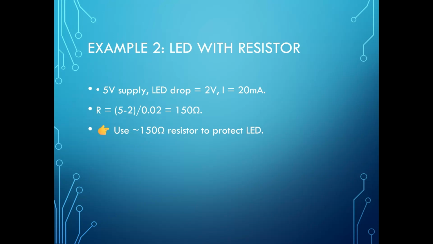Okay, so we will go for an example here. A 5 volt supply is given, the LED drop is 2 volt, and the current is 20 milliampere.